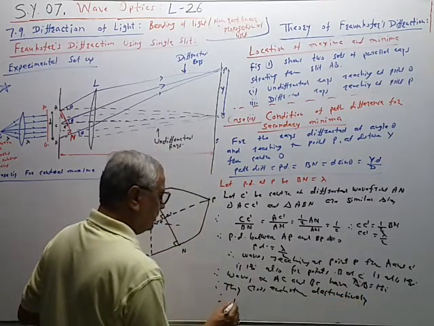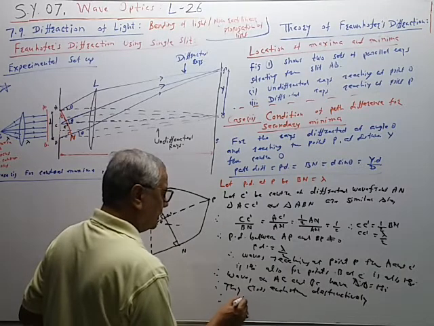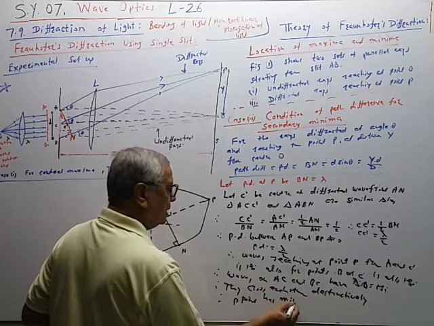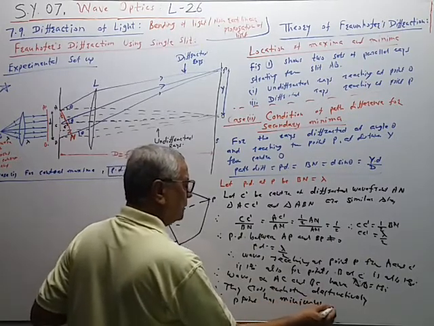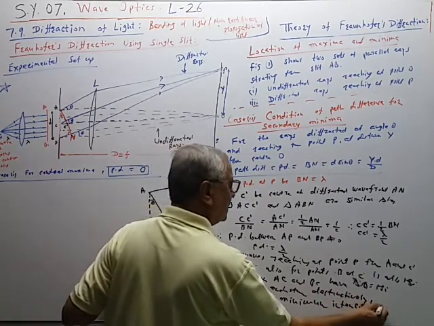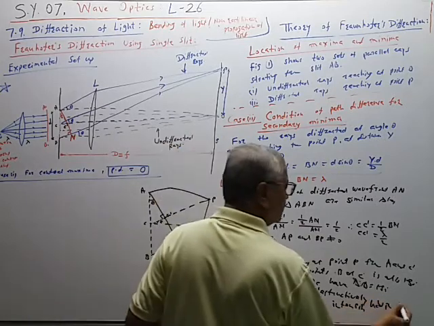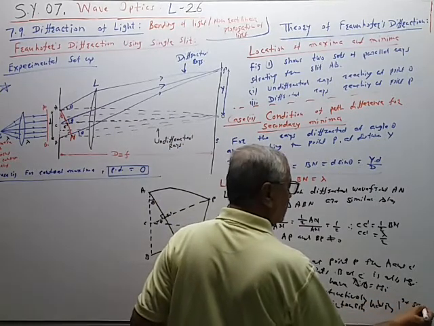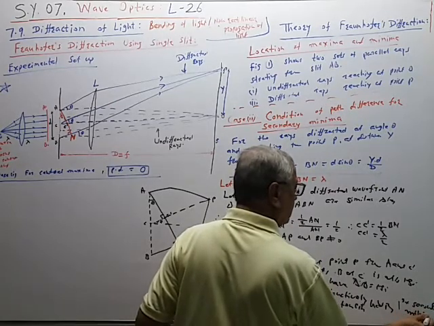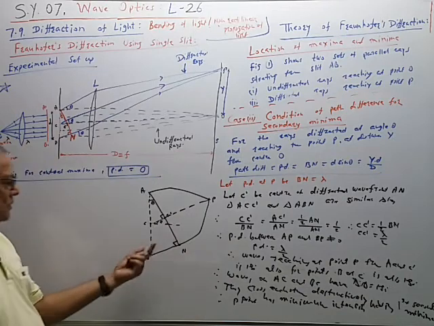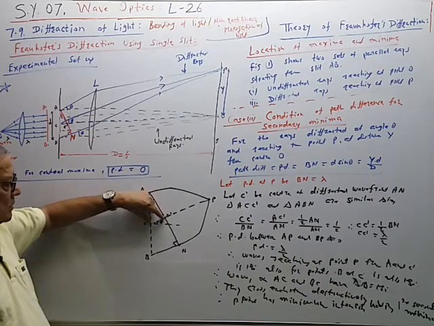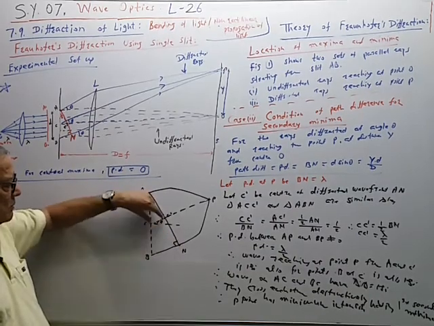Destructively, and therefore point P has minimum intensity. Minimum intensity having first secondary minima. If we take the path difference as lambda, then this is lambda by 2, this is lambda by 2.